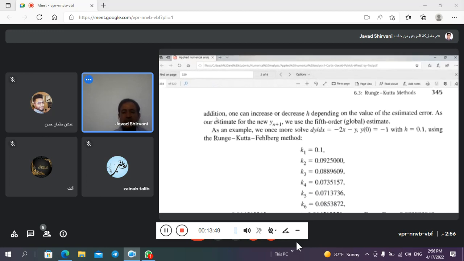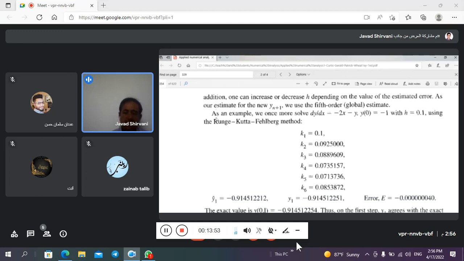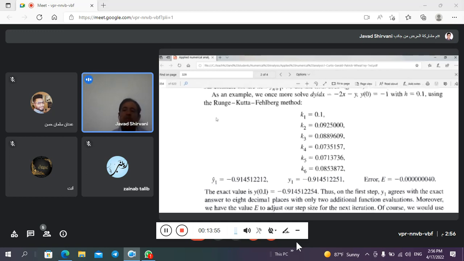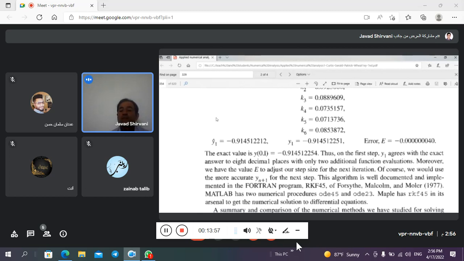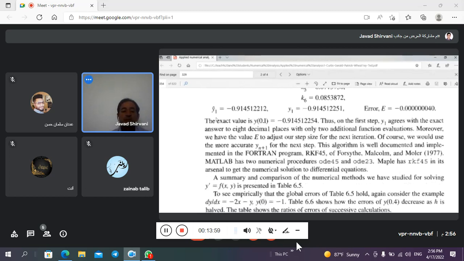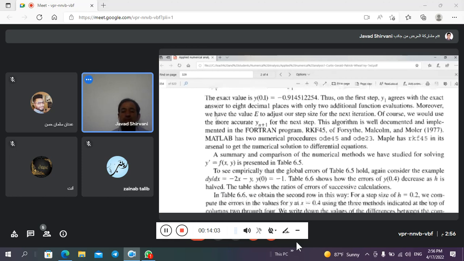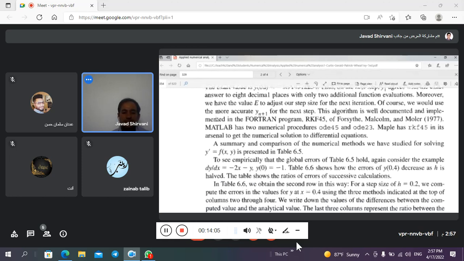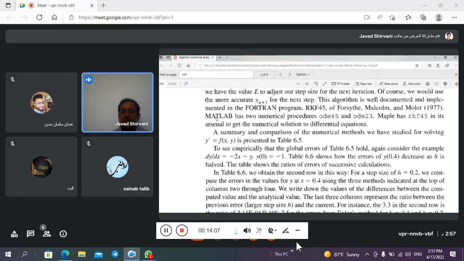Solving by software is very easy, and you can use this in your future master thesis.